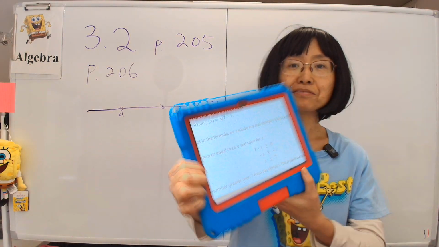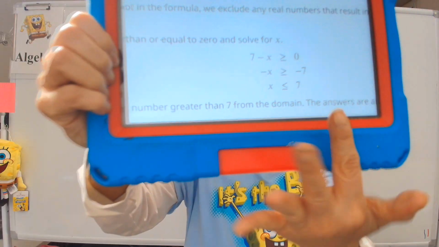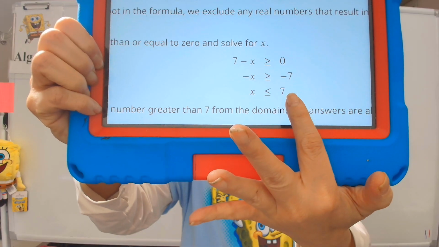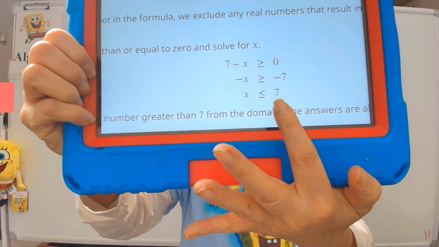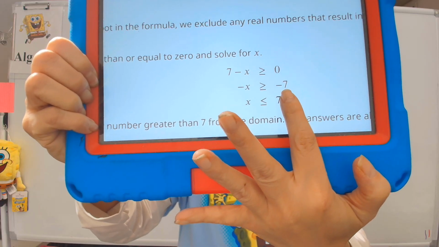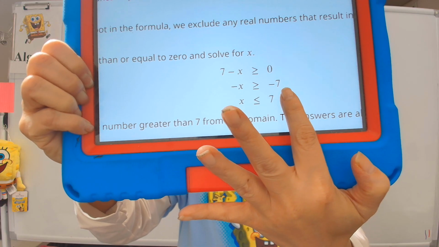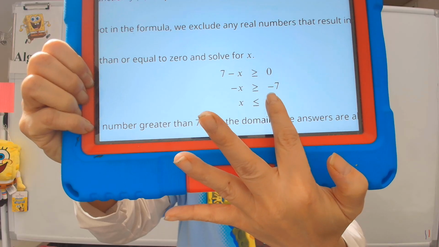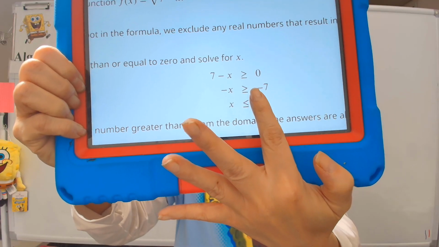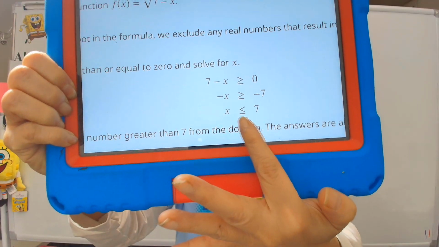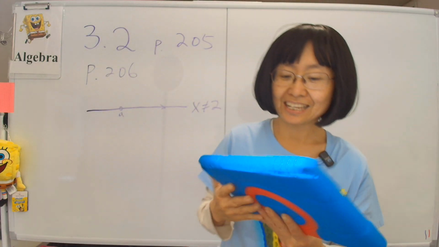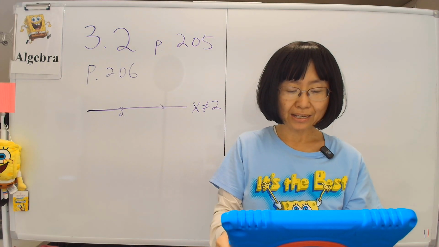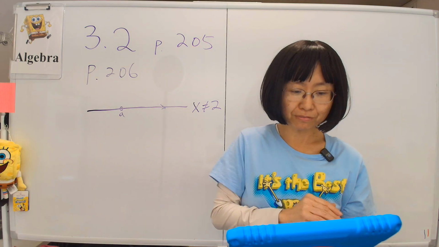Or put it another way, you need to move the x to this side, where it becomes positive, and move the -7 to the other side. If you did that move without flipping the sign, it would read 7 bigger than x, which is what this says, 7 bigger than or equal to x. So that is the same thing. Please do that example 4 also as part of your homework.